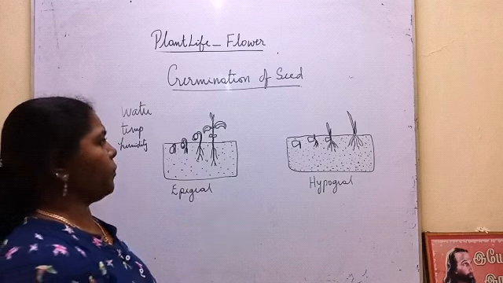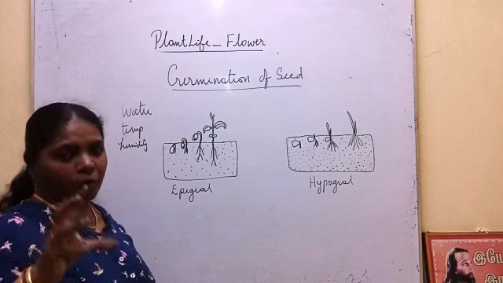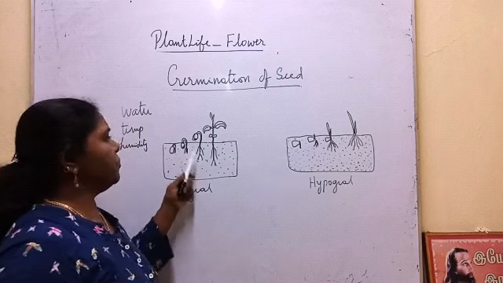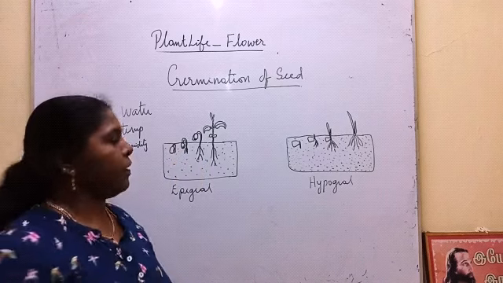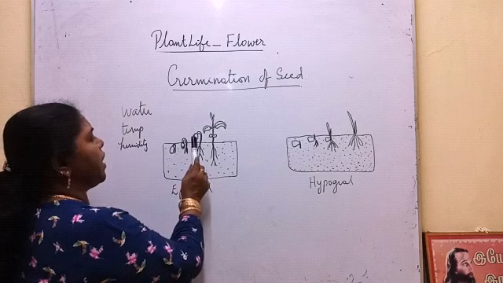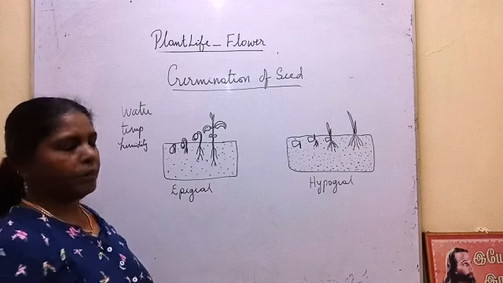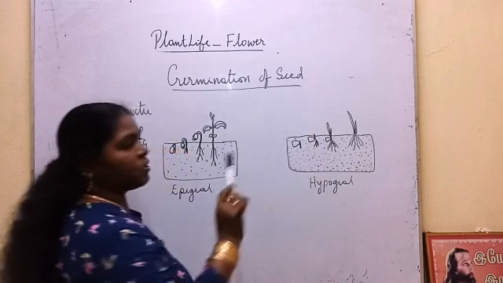Epigeal germination, what happens? We have seen the parts: cotyledons, radicle, plumule. Radicle will develop into root system, plumule will develop into shoot system, and cotyledons provide food. In epigeal germination, the cotyledons are brought above the soil. In hypogeal germination, the cotyledons remain under the soil.